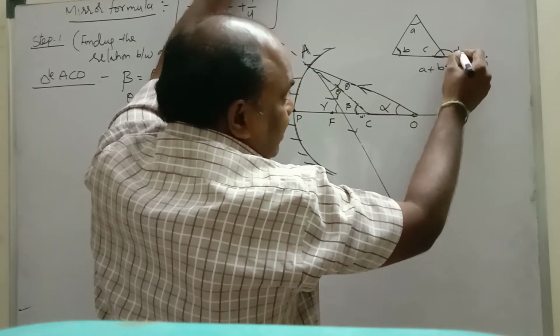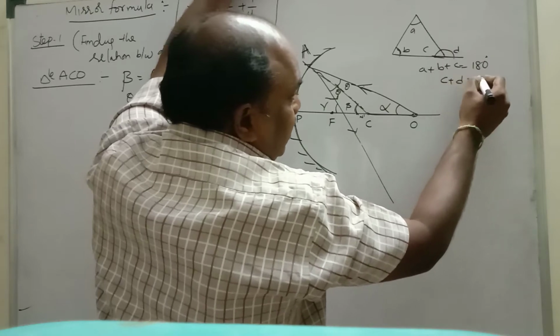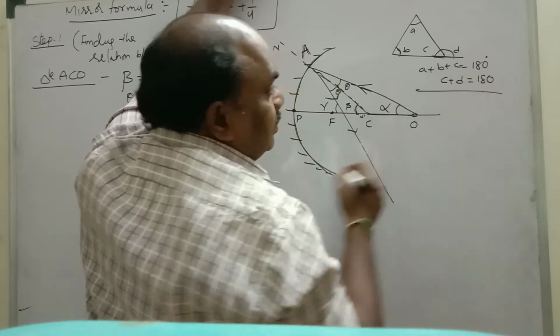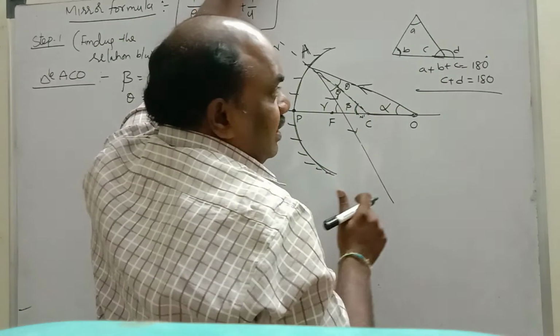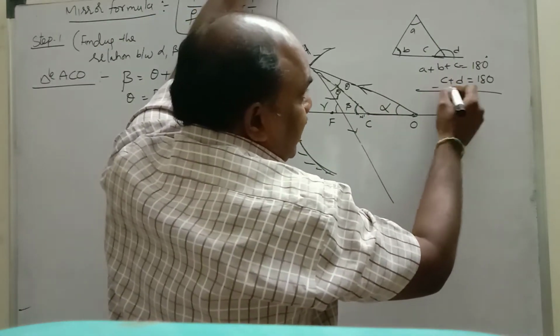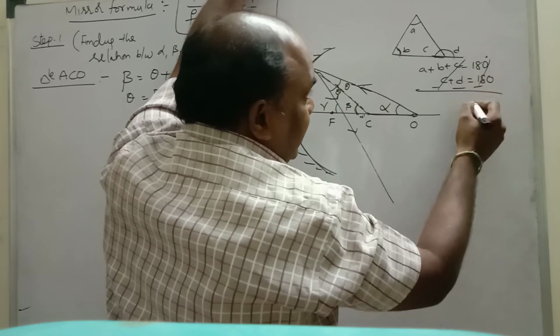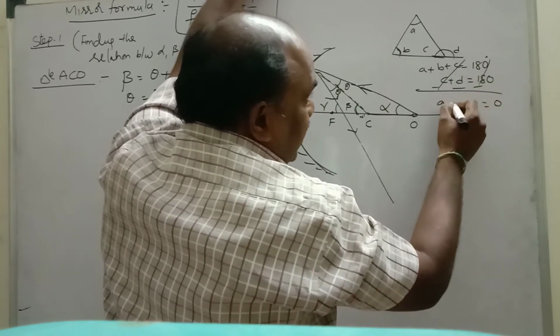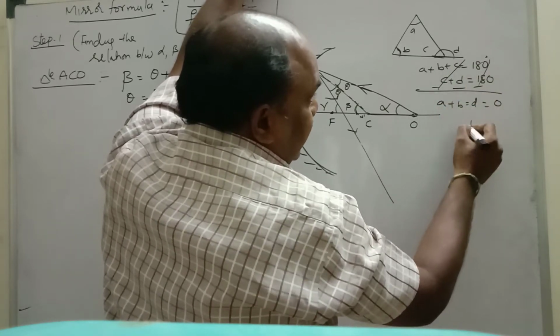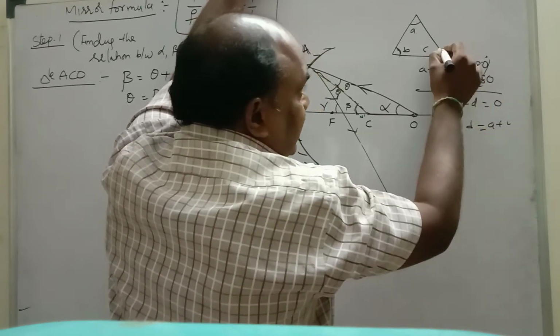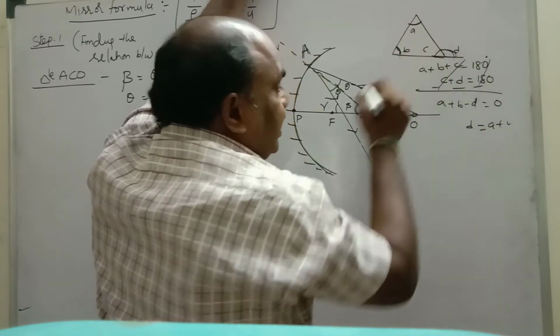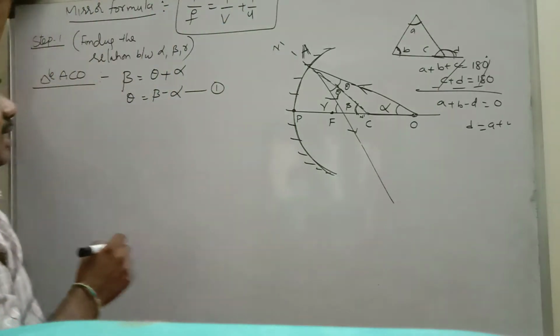Let this angle be D. C plus D is also 180, because a straight line is nothing but 180 degrees, half rotation. Subtract these two. C and C cancel, 180 cancels, right side 0. A plus B is equal to D. That means the external angle equals the sum of the opposite internal angles in a triangle.